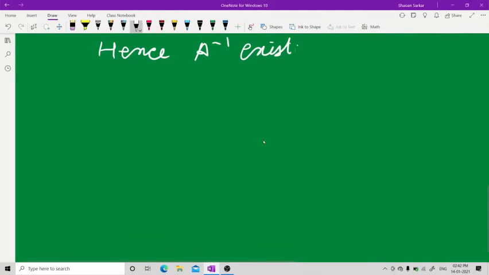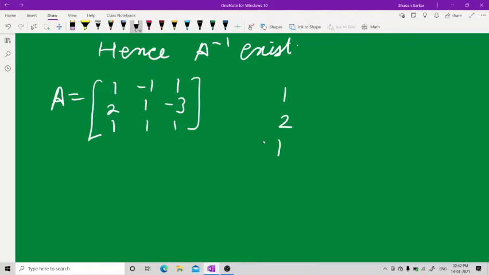What you do is write the matrix A. Again, you write the matrix A here. A is 1, -1, 1, 2, 1, -3, 1, 1, 1. So what you do is you write the matrix 1, 2, 1, -1, 1, 1, 1, -3, 1.